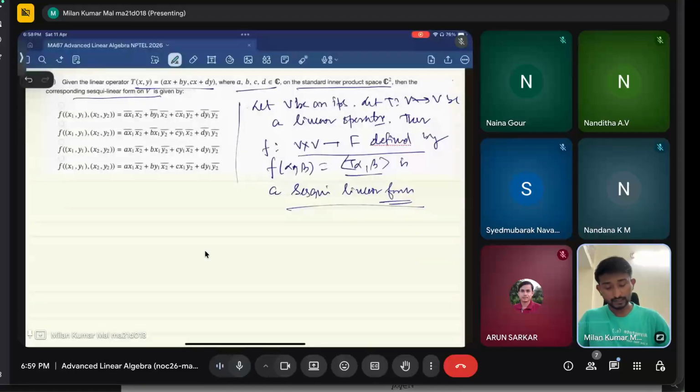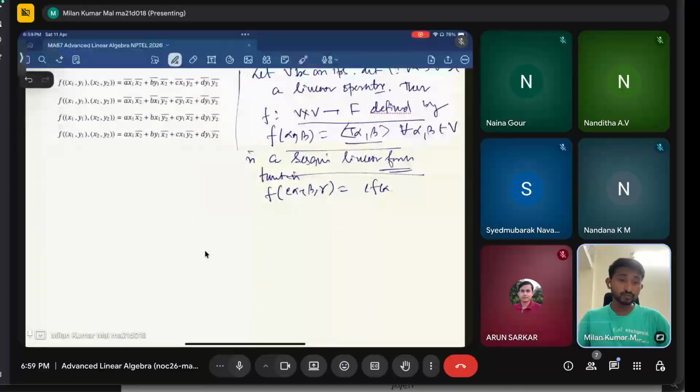That means f of (c alpha plus beta, gamma) is equal to c f(alpha, gamma) plus f(beta, gamma), and for anti-linearity, f of (alpha, c beta plus gamma) is equal to c bar f(alpha, beta) plus f(alpha, gamma).